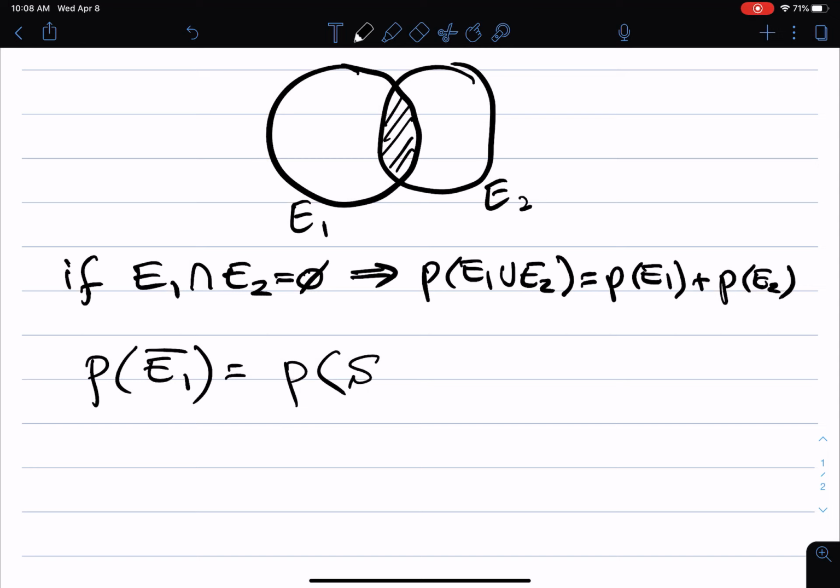This is really the probability of S minus E1. This is the formula for the complement, right? Because the universal set in our case is S, the sample space. And the very important rule here that we can use is that this equals 1 minus P of E1.